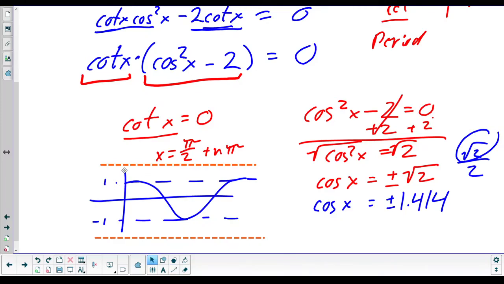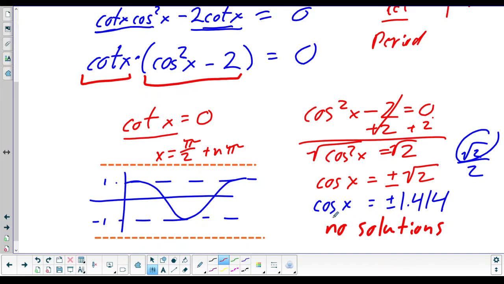Your cosine will never touch either of these two lines because the maximum and minimum of cosine are 1 and negative 1. It's not in the range, meaning there is no input of cosine that can give you this output. So the solution to this part of our equation is that there are no solutions from this.